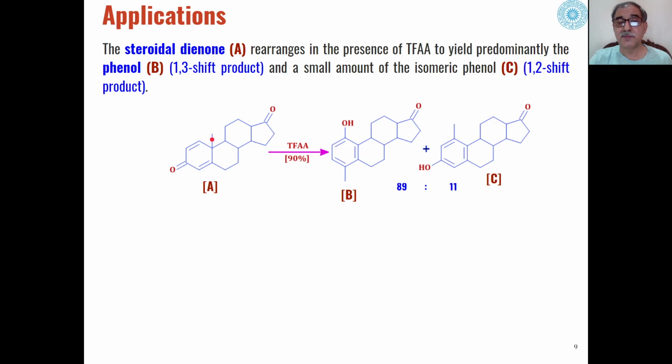This methyl group can migrate either to this position, that is the 1,3 shift, or it can take place as a 1,2 shift to give us this product. But the major product formed is by the 1,3 shift to give us this type of product.